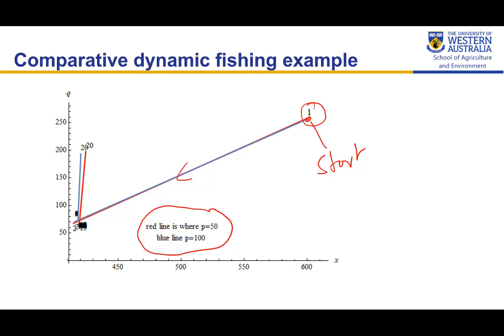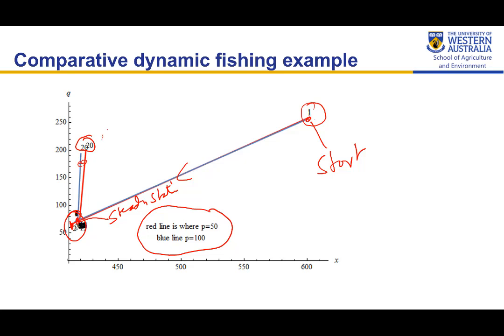We can then see that even with different prices, the trajectory is pretty much the same as it heads rapidly down here towards a steady state, and there's a slight difference between the two steady states, and then there's a slight divergence after the steady state as the stock and the harvesting reach the final period, which is in period 20.